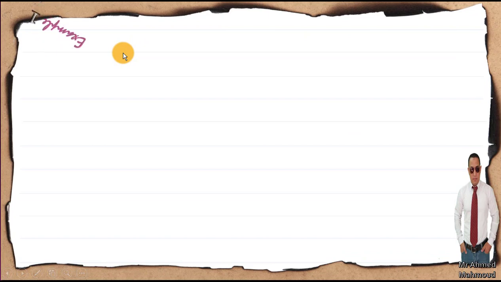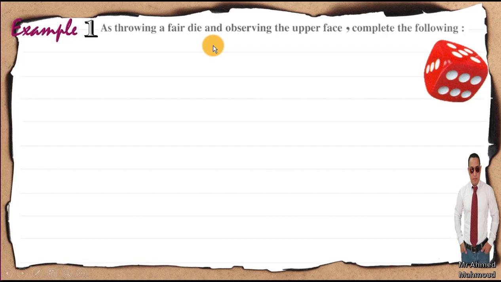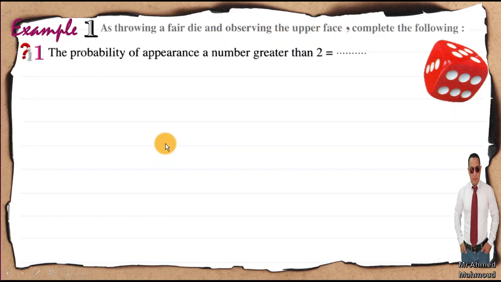Now let's study example 1. In this example we throw a fair die and observe the upper face. Complete the following. Number 1: the probability of appearance of a number greater than 2. First, I'm going to write the sample space S. S equals the set 1, 2, 3, 4, 5, 6.